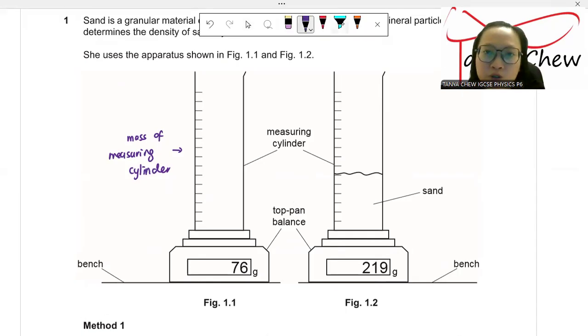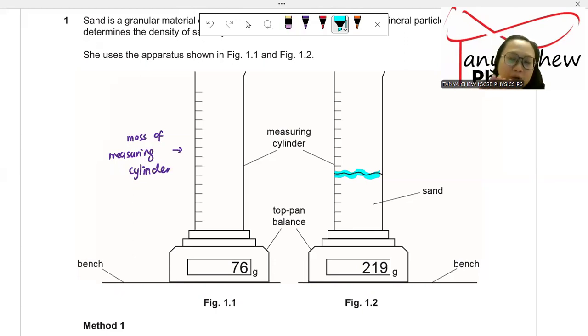But here, I want you to see this. Look at the sand. When the measuring cylinder is filled with sand, you don't have a flat surface filled by the sand. So there are different levels of the sand, due to the particles of the sand that come in different shapes and different sizes.